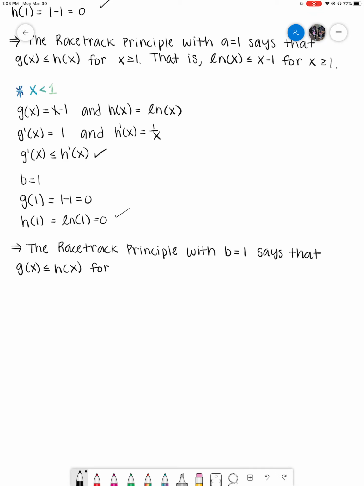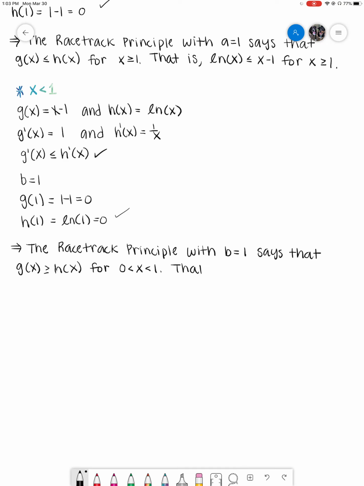Oops, sorry. It doesn't say less than, it says greater than. So it says that g of x is greater than or equal to h of x for, this time it's technically x between 0 and 1, right, because x can't be smaller than 0.